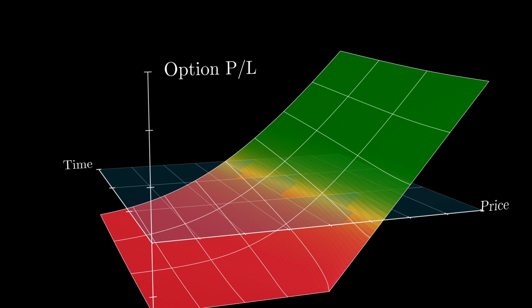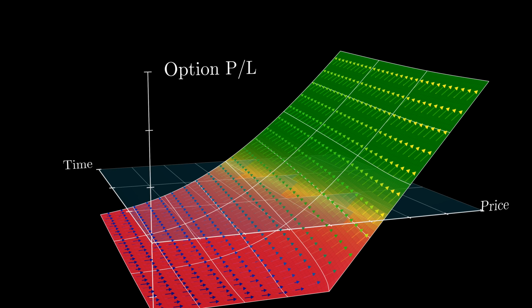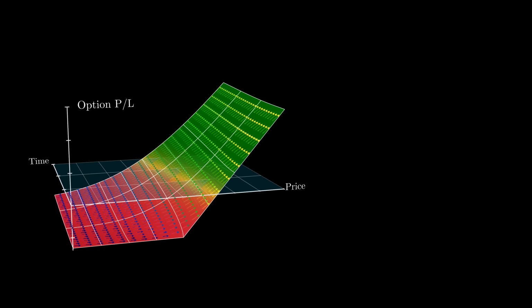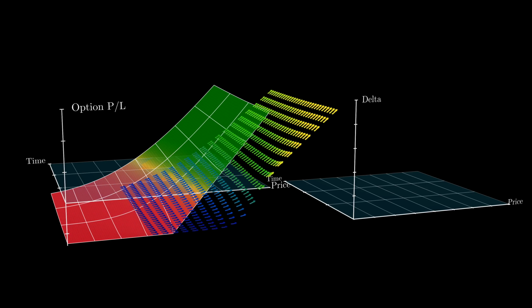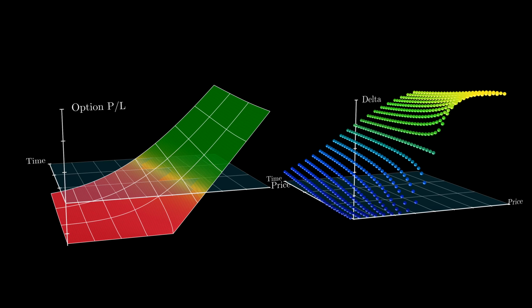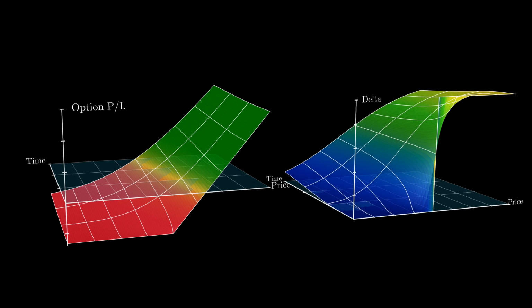Going back to our call option, what about how the value of the option changes as the price of the underlying asset rises or falls? If you have come across option Greeks before, then you have likely seen this one, which is called delta. But there are a few interpretations given for this number.